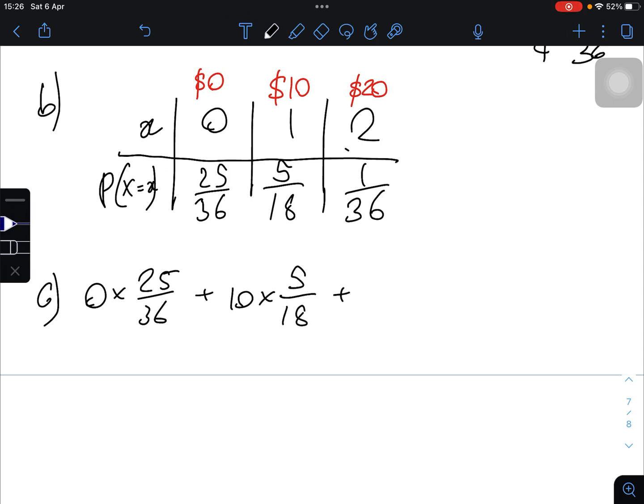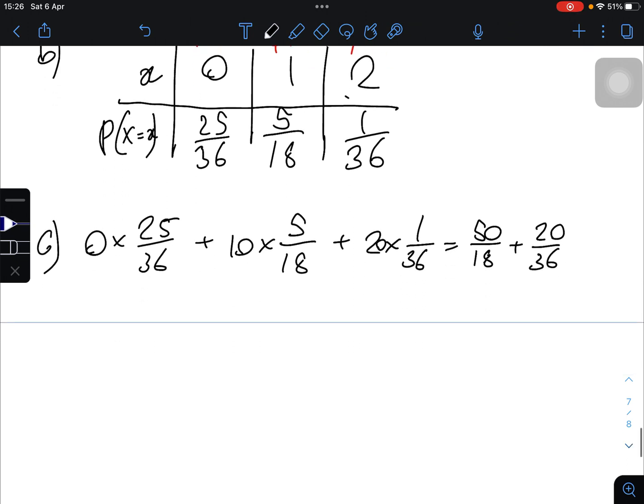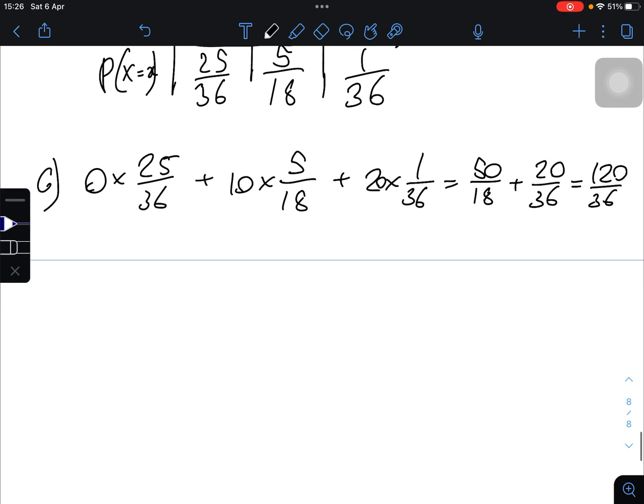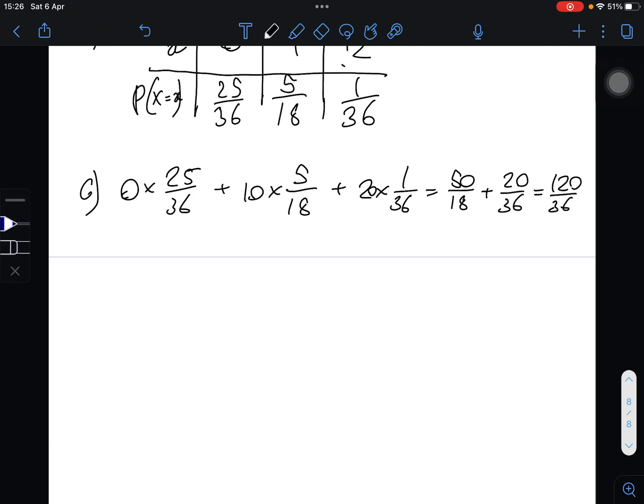plus 10 times 5 over 18 plus 20 times 1 over 36. And that gets me to 50 over 18 plus 20 over 36. That's 120 over 36. And so that gets me to 36 goes, whatever, 3 times into that.